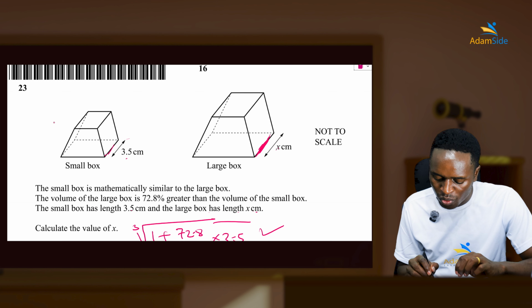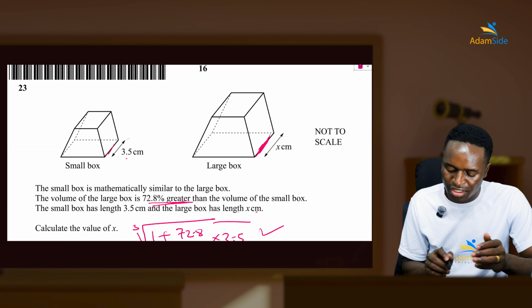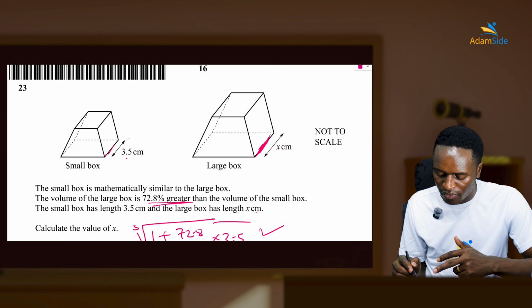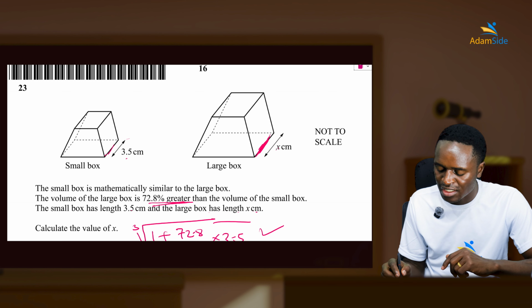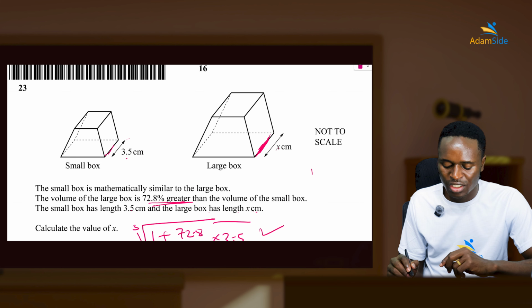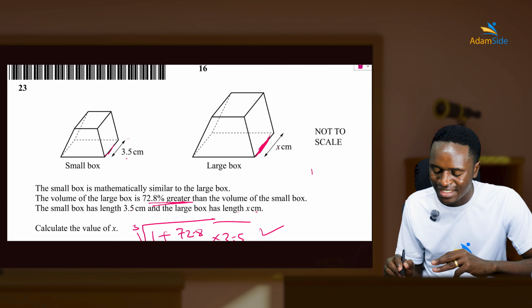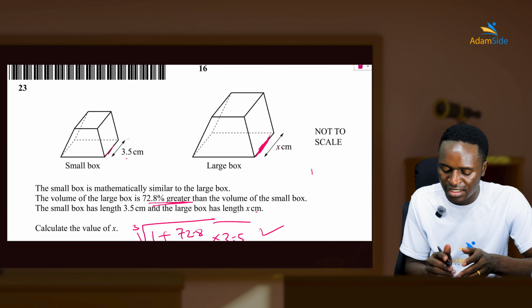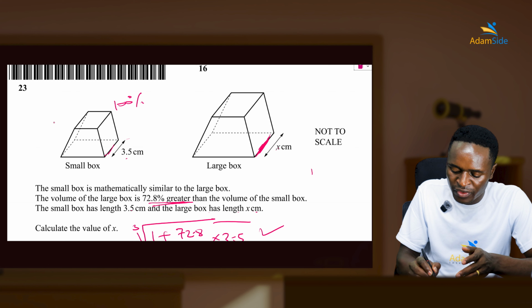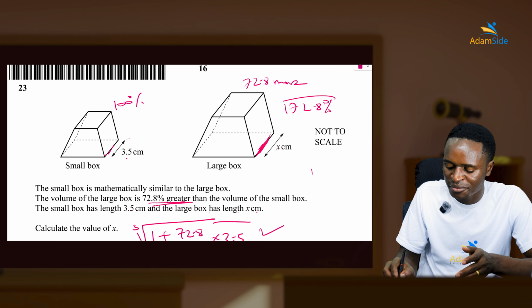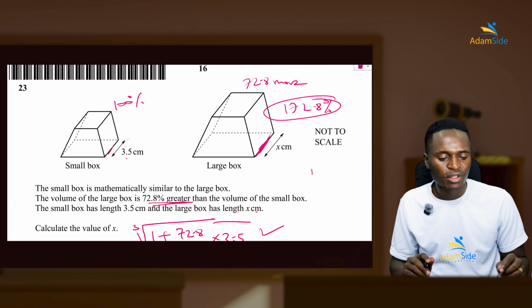But remember, it is 72.8% greater than. So if the small box was 100%, the large one is 72.8% more, which means 1 plus 0.728, so 172.8%. That's the comparison, then you evaluate and get your answer.